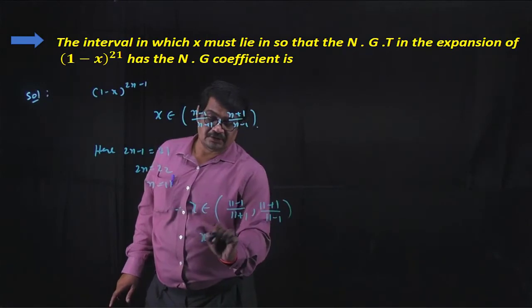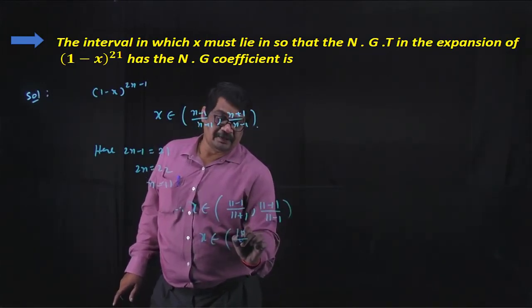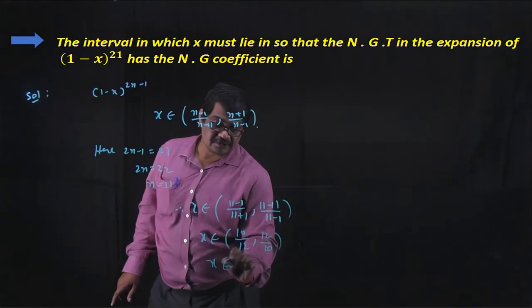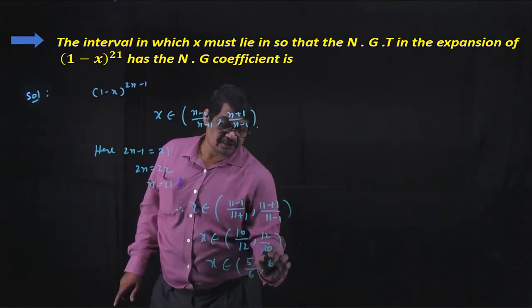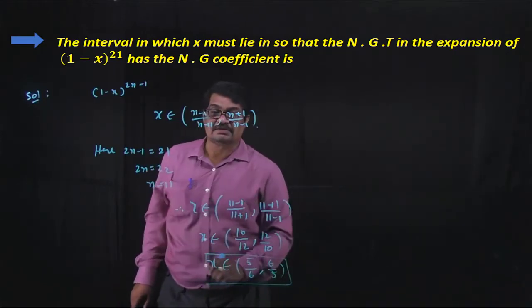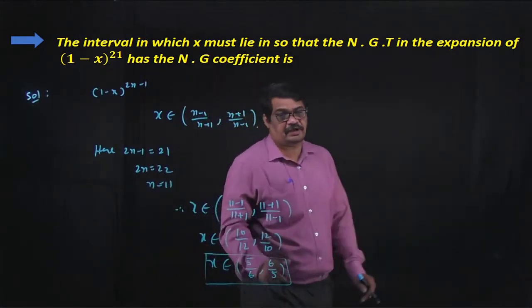That is, x belongs to 10/12 and 12/10, that is, 5/6 and 6/5. This is the interval of x. x lies in the open interval (5/6, 6/5).